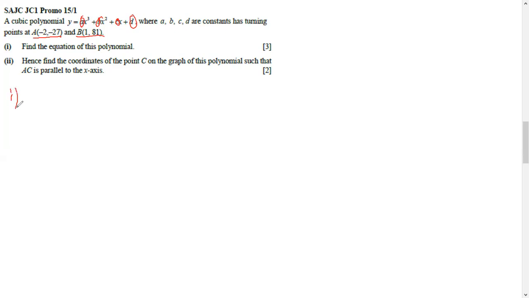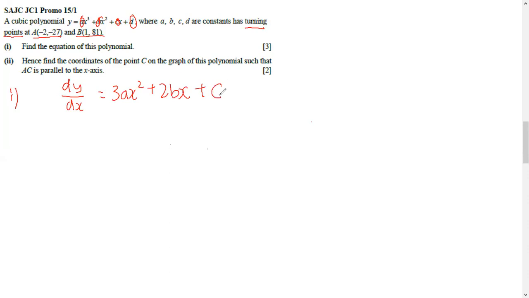What can we do? The first thing is to make use of the concept of turning point. What is the concept for a turning point? We must do dy dx. In this case, this will be 3ax squared plus 2bx plus c.